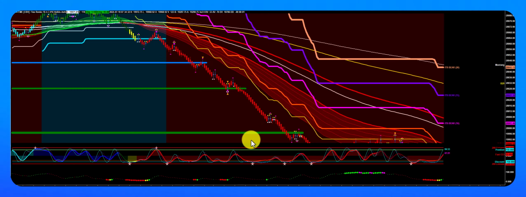Now, we made one more change to our Flex Renkos. This is hard to see when you're looking at my chart through Discord, probably due to the size or the resolution and thus the speed and the closeness of the candles together when I have it more compact. Look at these candles.